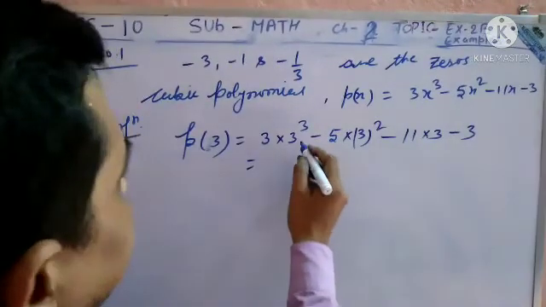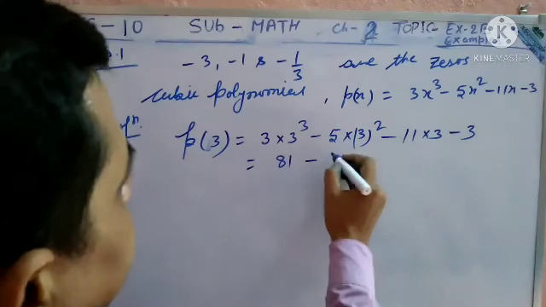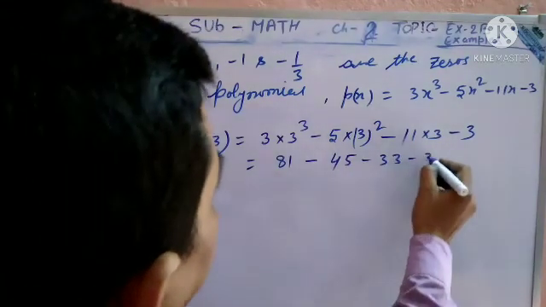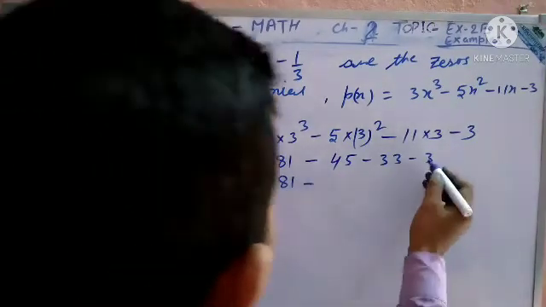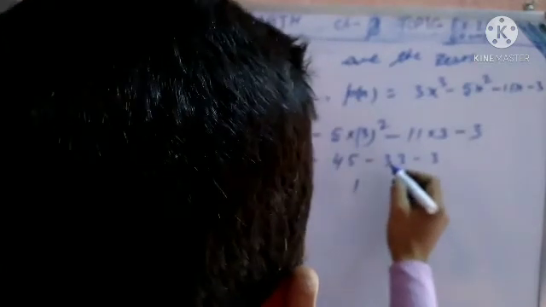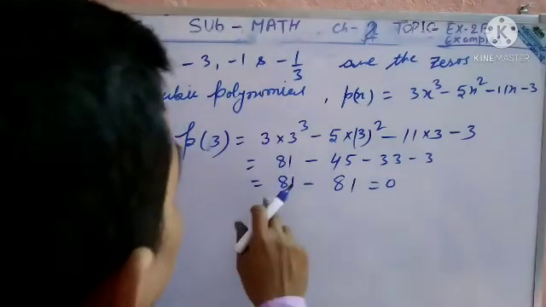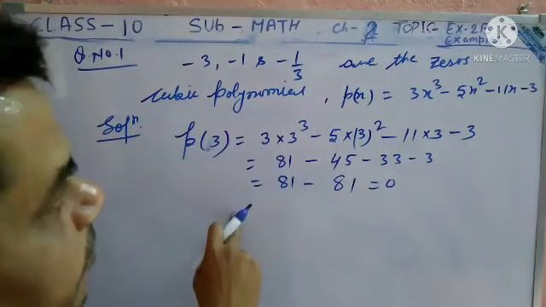So that is 81 minus 45 minus 33 minus 3, that is 0. So this zero is satisfied by this polynomial.